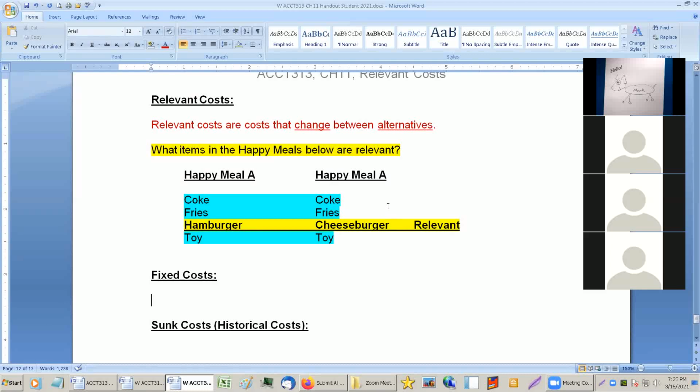Do fixed costs usually change? I think they would be non-relevant because they are always the same. Yep, exactly. And I say usually, they're only relevant if they change. It's possible that you could change the fixed cost in total.